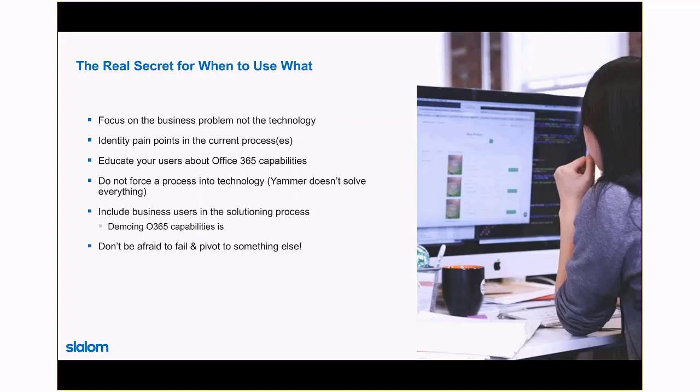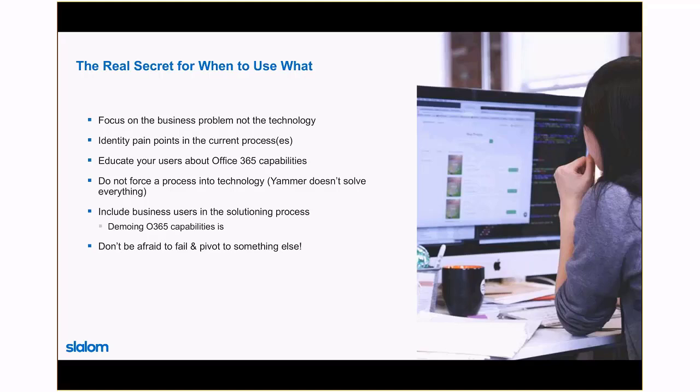Something like Teams is not going to solve all your problems. At the end of the day, it's the users that have to take advantage of the technology. It's not IT forcing something down the throats of people. That's not going to drive adoption.